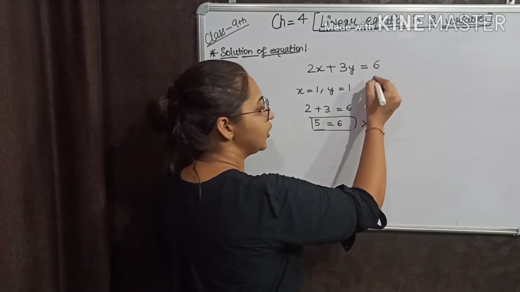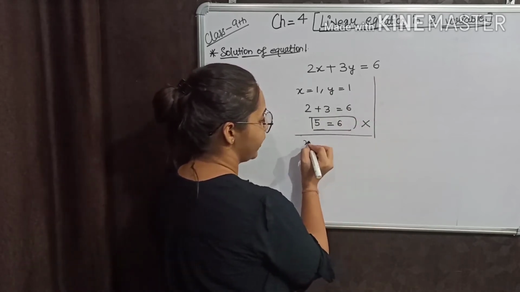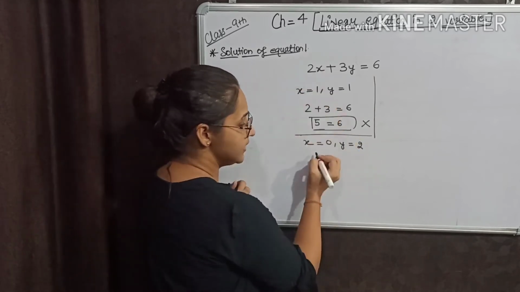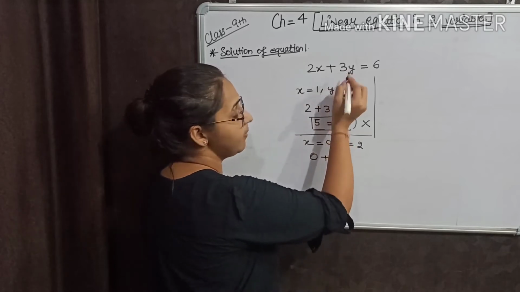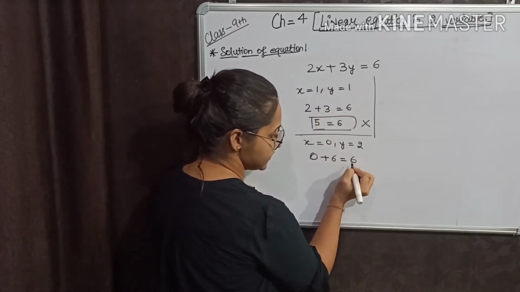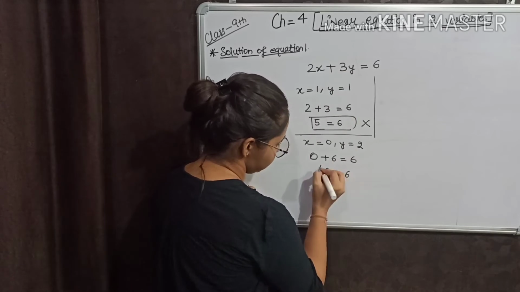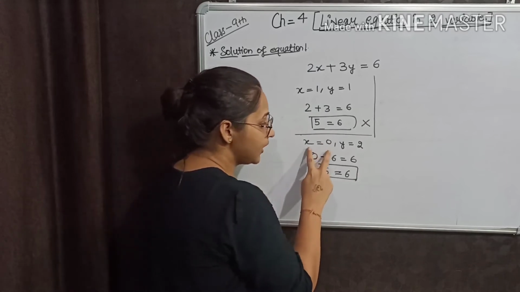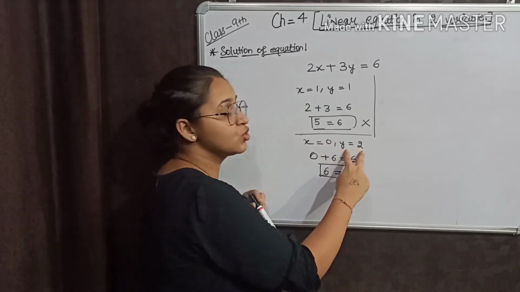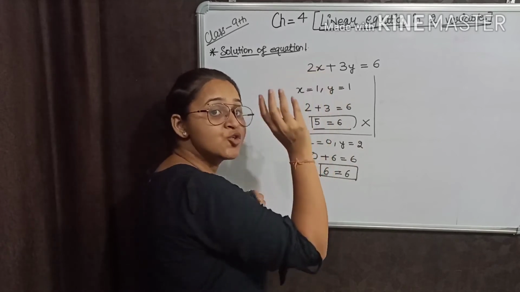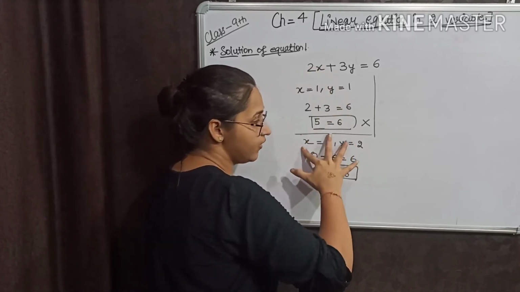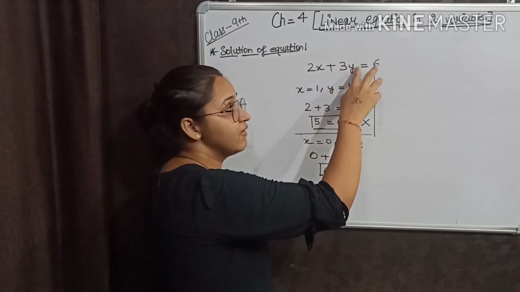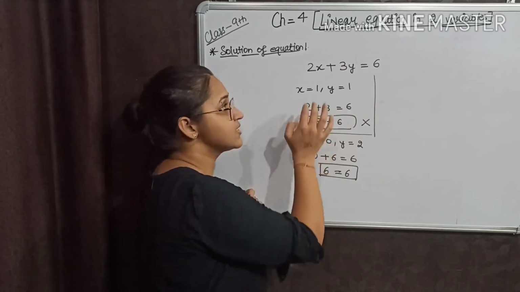But if I am putting x is equal to 0 and y is equal to 2, 2 multiply 0 will give you 0, plus 3 multiply 2 will give you 6, is equal to 6. 0 plus 6 is 6. 6 is equal to 6. Both sides are equal. It means by putting x is equal to 0 and y is equal to 2, the equation is satisfied. So I can say that x is equal to 0 and y is equal to 2 is a solution of the equation 2x plus 3y is equal to 6. Why? Because it is satisfying.